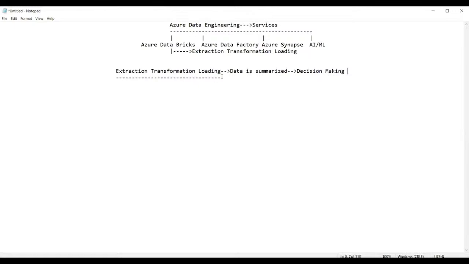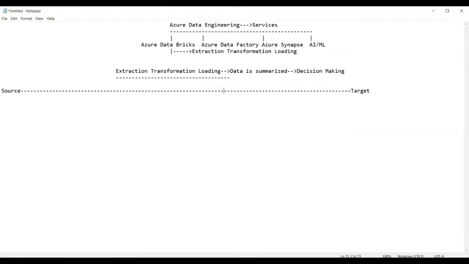This process of extraction, transformation, and loading basically requires the following: a source and a target.